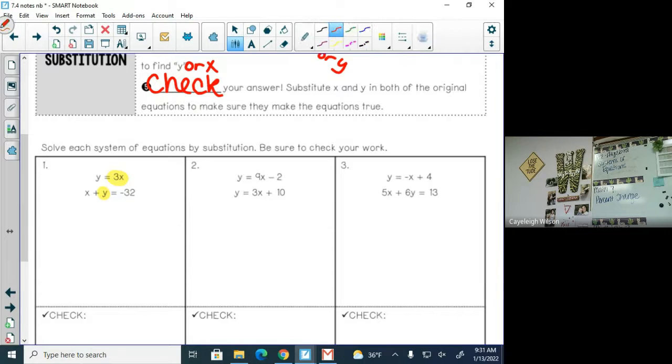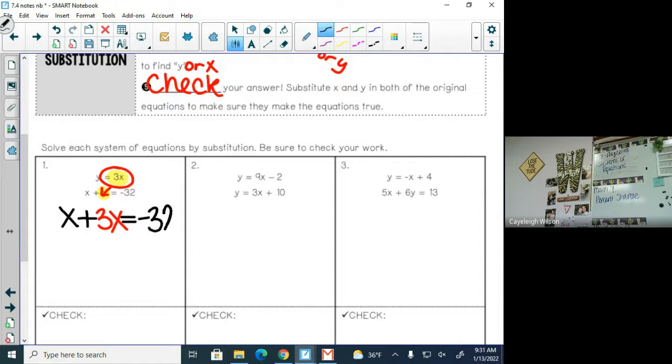Okay, so what I'm going to do now is I'm taking this 3x and I'm putting it in for this y. So that will give me, right here, see how it says x plus, and then in that y spot will now be its substitute. Its substitute is 3x equals negative 32.